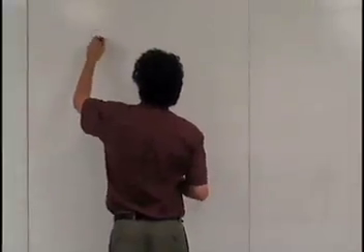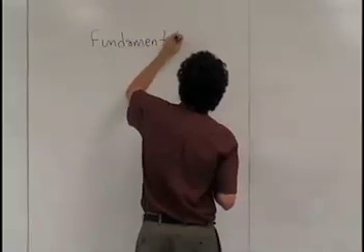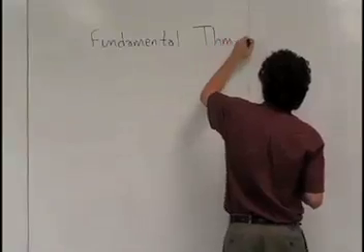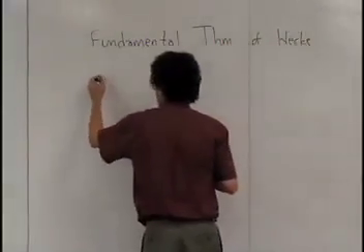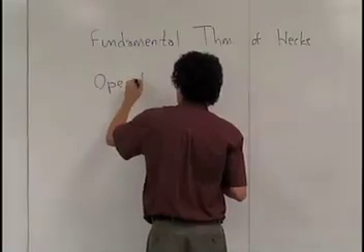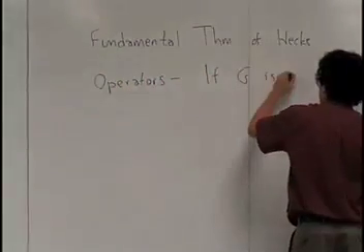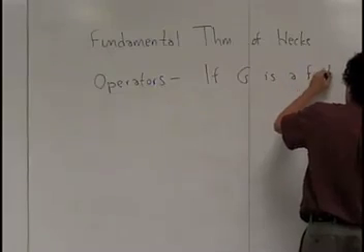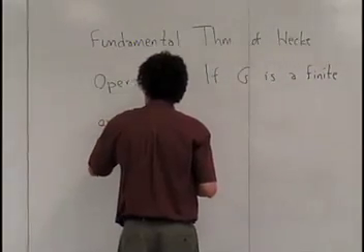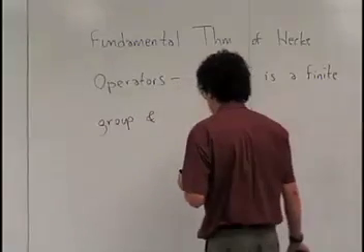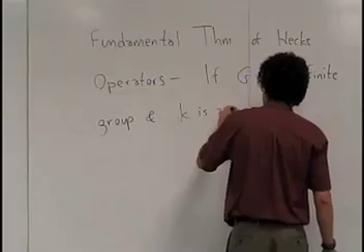So here's our fundamental theorem of Hecke operators. It says G is a finite group and K is any field of characteristic 0.